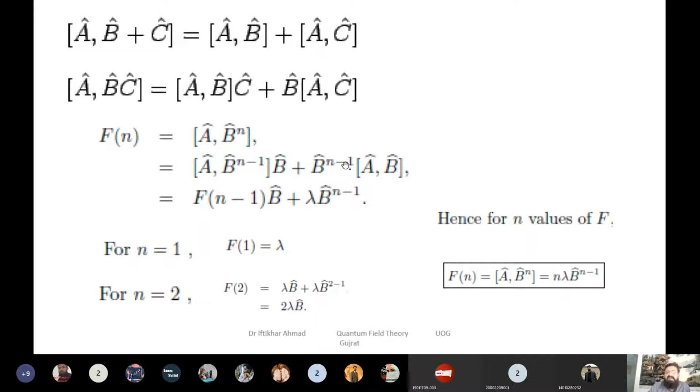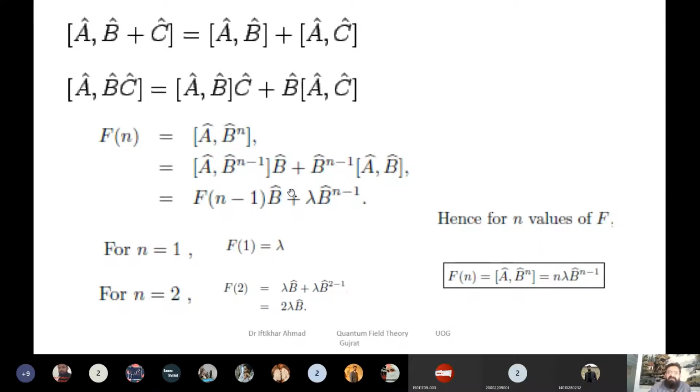Again you put [A, B] equal to lambda, because we are given that the value of [A, B] is lambda. So lambda B raised to power n minus 1 in the second term. In the first term you can write it in the form of n minus 1, because we know the definition that the commutator [A, B^n] is equal to f of n. So if you get [A, B^(n minus 1)], you get f of n minus 1.